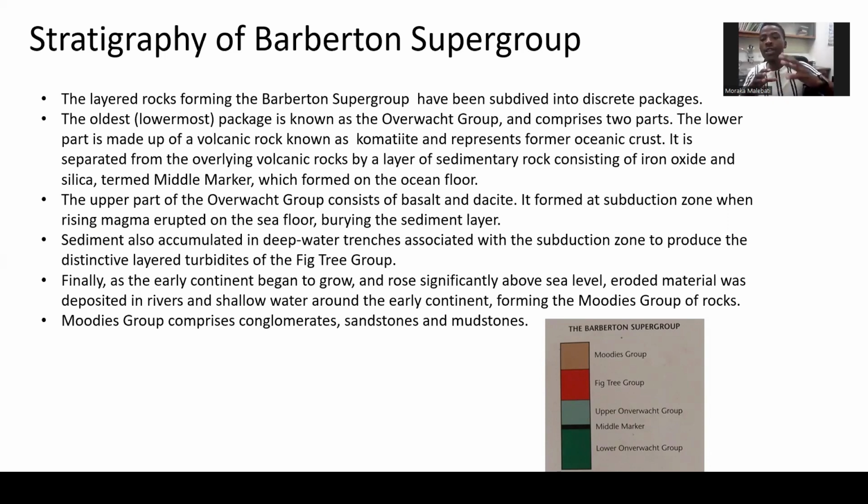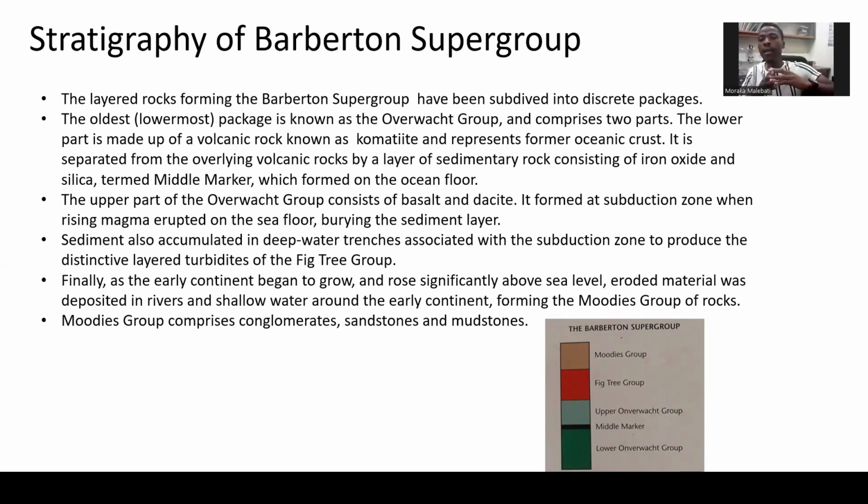packages. It means these groups have rocks of different characteristics, wherein we've got the oldest, lowermost group known as the Onverwacht, and it is divided into 2 parts, wherein the lower part is made up of some volcanic rocks which are mafic to ultramafic in composition, and these rocks are known as komatiite and represent the former ocean crust.